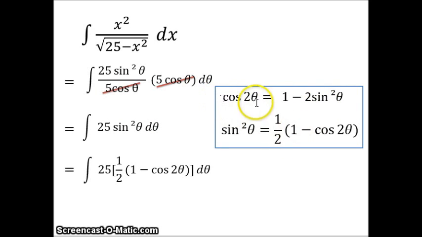So the equation we used was cos 2 theta equal to 1 minus 2 sine squared theta, and changing everything over, you end up with sine squared theta equal to half of 1 minus cos 2 theta. So substituting this whole thing for sine squared over here, you get 25 times basically this whole part.